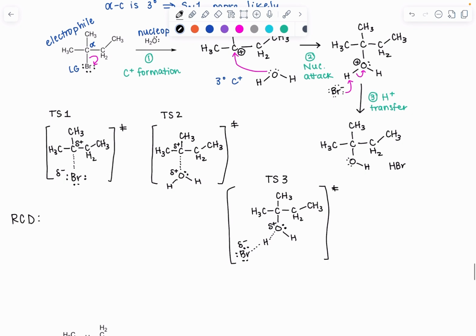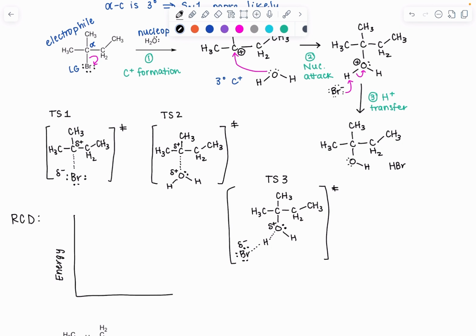All reaction coordinate diagrams are set up similarly, where we have energy on the y-axis. That can be E for energy, it can be G for Gibbs free energy, some energy unit.